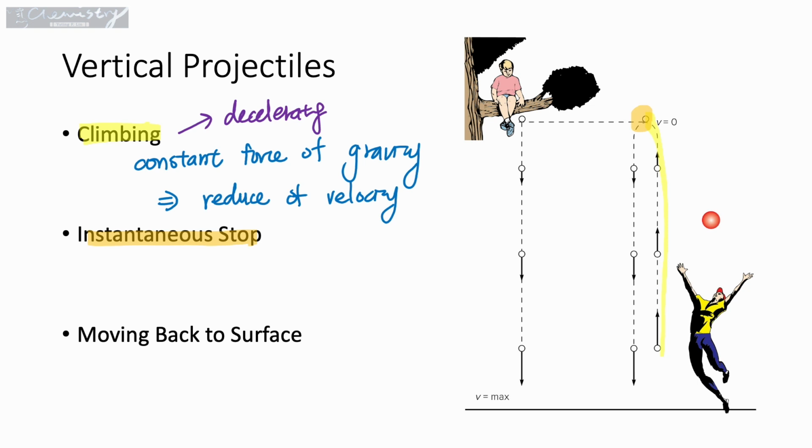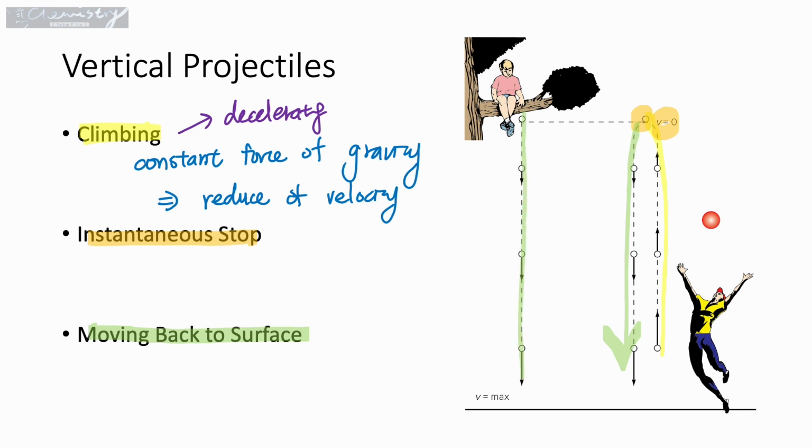And at this instantaneous stop, that is when we are at the top, and all of a sudden velocity is equal to 0. And then it is going to start falling down after we reach the top, and that is going to be the last stage, when we are moving back to the surface. So when we are moving back to the surface, it is just like when we are dropping a ball.